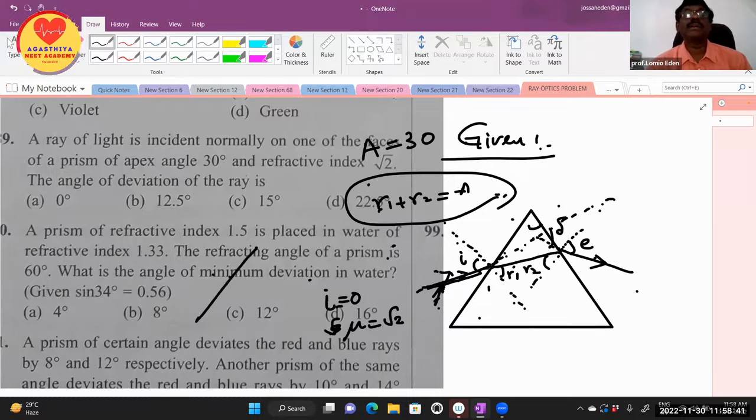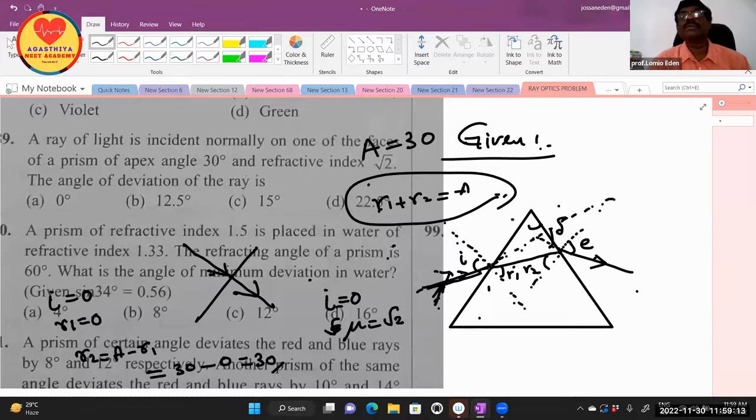If this line comes directly like this, the refraction goes straight. So I is equal to 0, which means R1 is equal to 0. Now R1 plus R2 is equal to A. Therefore, R2 is equal to A minus R1. A is 30, R1 is 0.